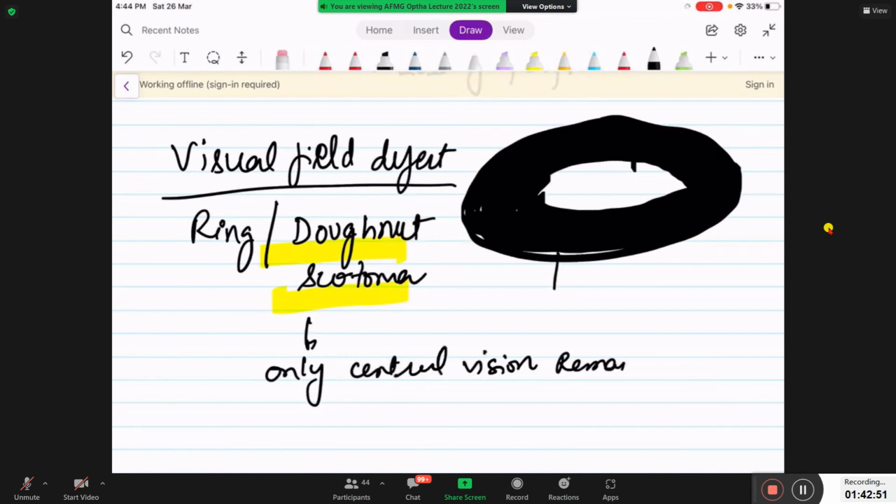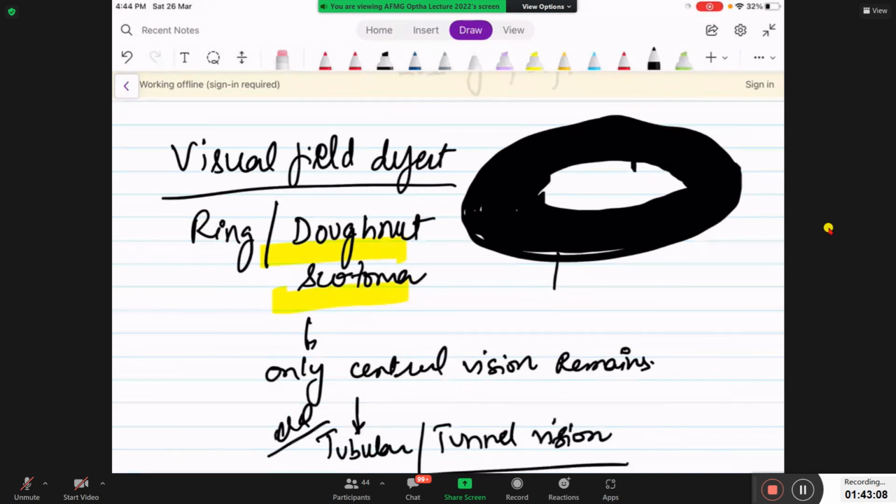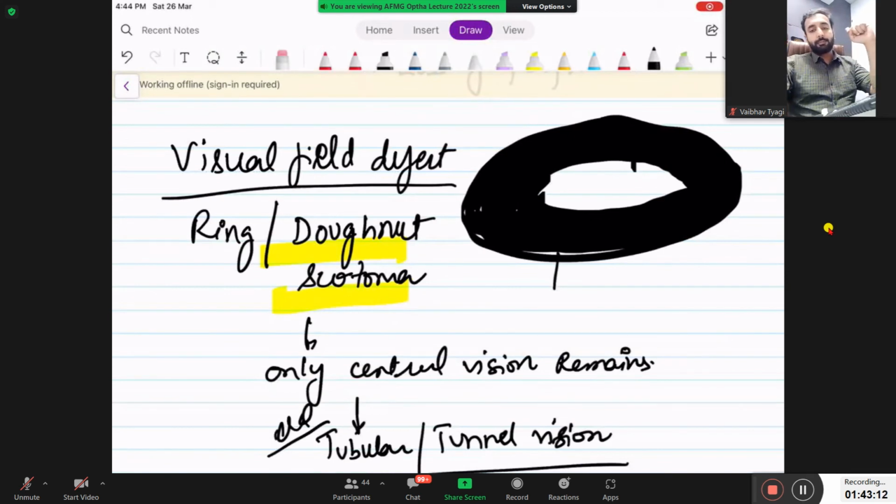Central vision, tubular vision, as if the patient is looking through a tube or tunnel. So that is why it is called tunnel vision or tubular vision. Important question. Tubular vision or tunnel vision is seen in retinitis pigmentosa.